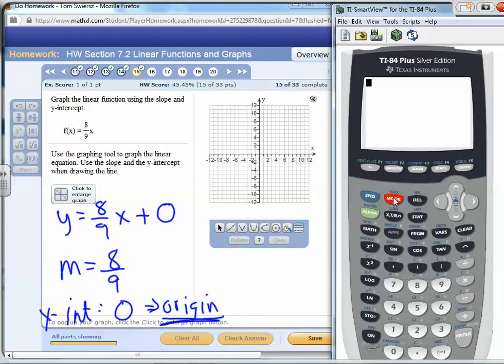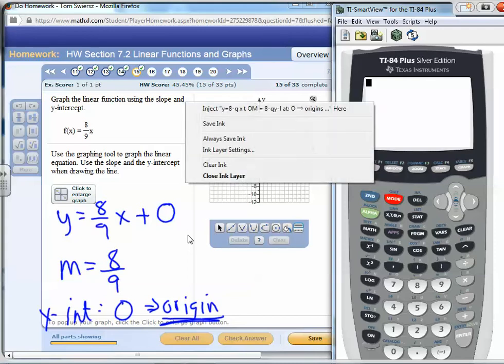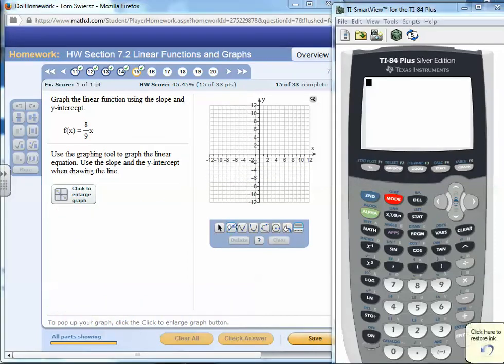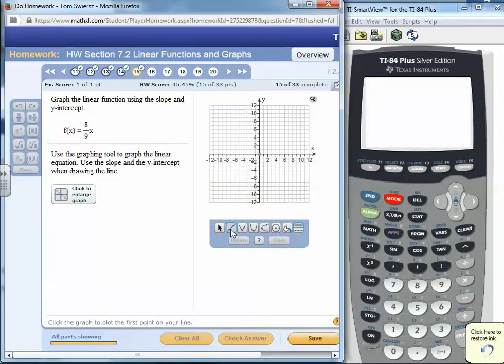Okay, so if we do that on pencil and paper in MyMathLab, we're going to pick our line tool. We know it's a linear equation. The y-intercept is 0, which means one of the points is at the origin 0, 0.